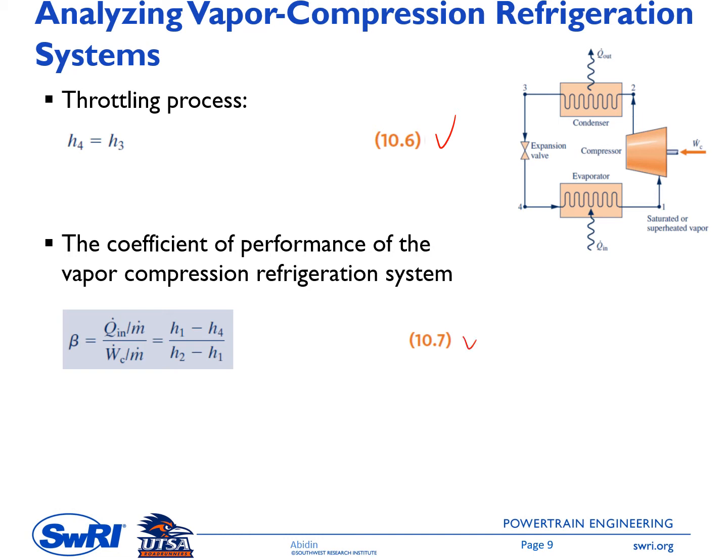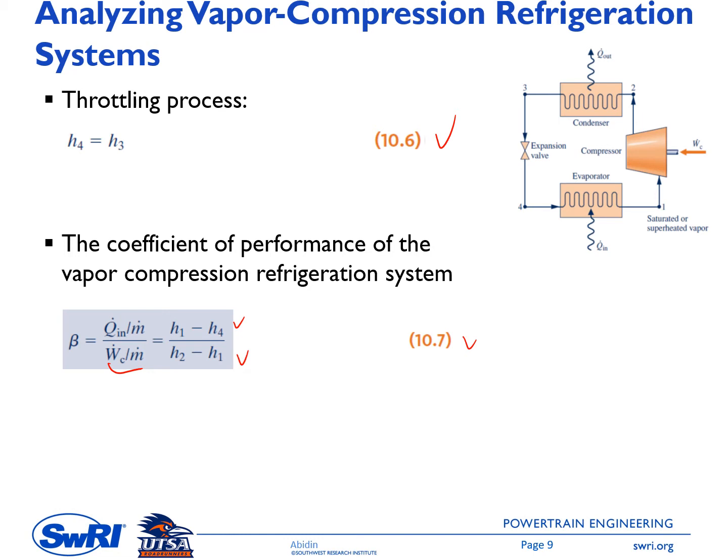So beta equals Q dot in over M dot, and then in the denominator we have WC dot over M dot, and this is (H1 minus H4) over (H2 minus H1).